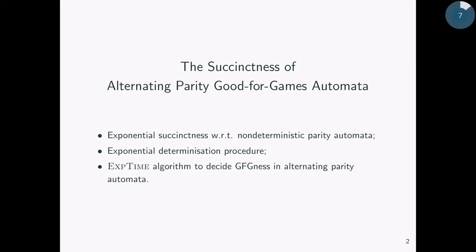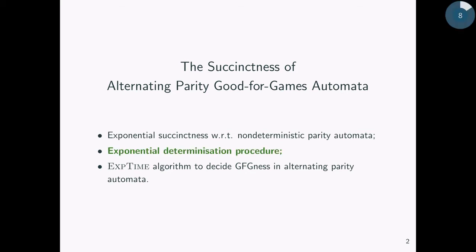We then use this exponential determinization procedure as a basis for an ExpTime algorithm to decide whether an alternating automaton is good for games. That matches the best known algorithms for deciding whether a non-deterministic automaton is good for games.